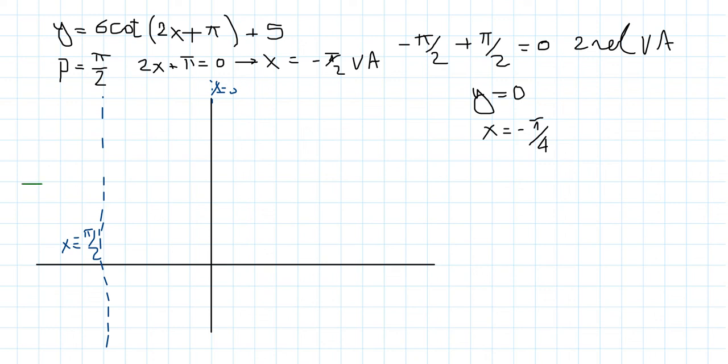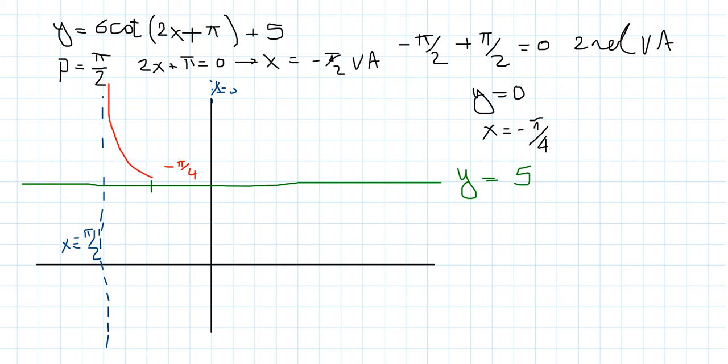Suppose that here is 5, on y equals 5. I know at minus pi over 4, sorry, minus pi over 4, I have the intersection, and I know the shape of the graph is like this. It should not intercept x equals 0.